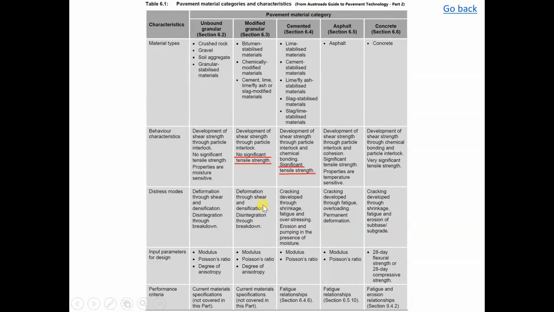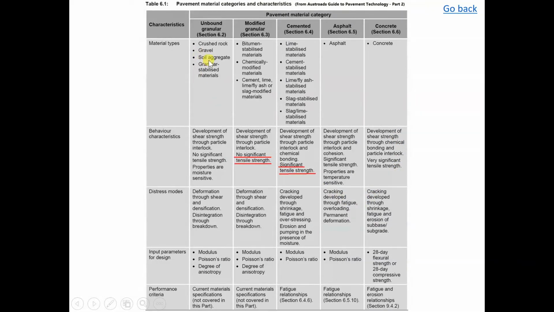So the five materials, 1, 2, 3, 4, 5: unbound granular material, modified granular material, cemented, asphalt. We don't consider the concrete because it is under rigid pavement.